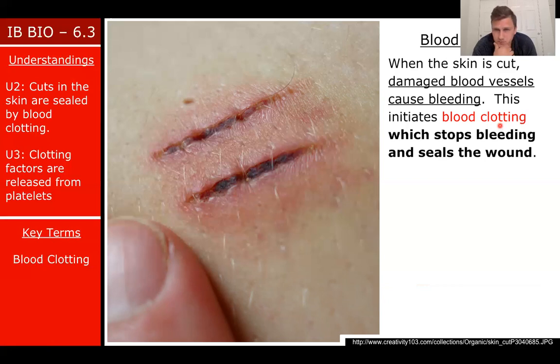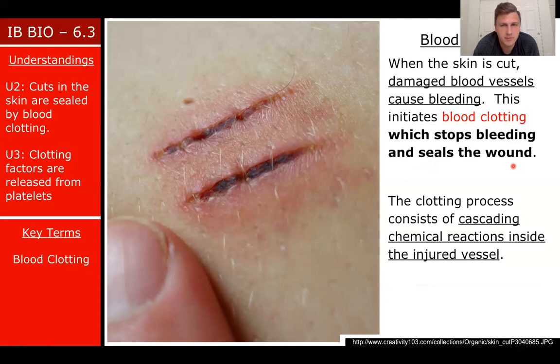But this whole blood clotting process is designed to stop blood from constantly leaving your body. The blood clotting process seals the wound. So the idea is stopping the bleeding and then repairing that damaged area to hopefully what it was before, so the repair part is really important.